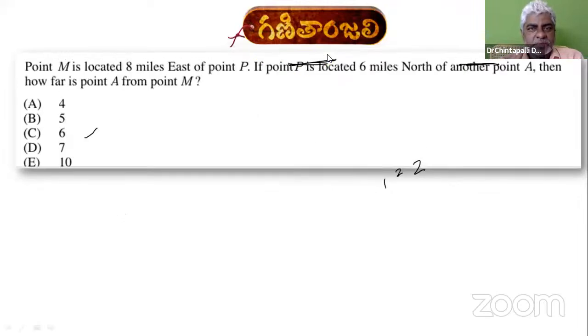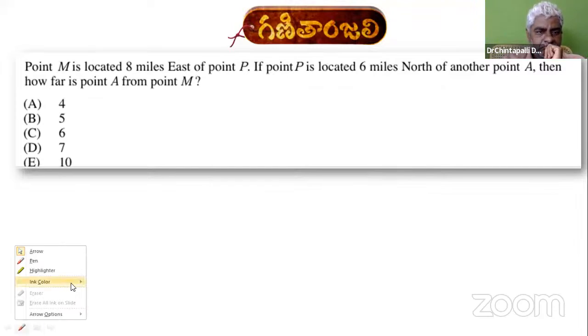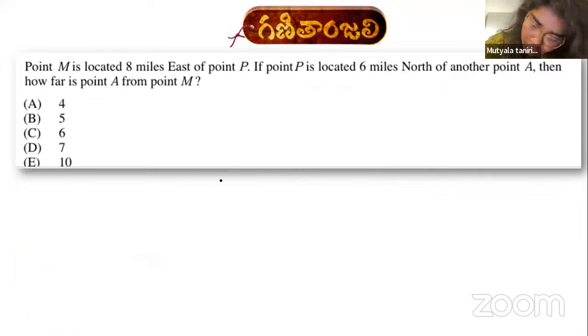Point M is located 8 miles east of the point P. Point P is located 6 miles north of another point A. Then how far is point A from point M? Let this be point P, with east, south, and north marked.